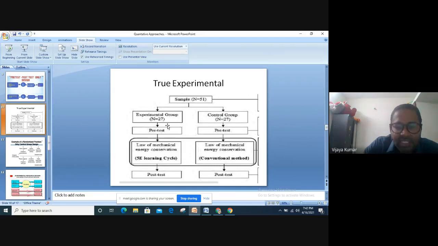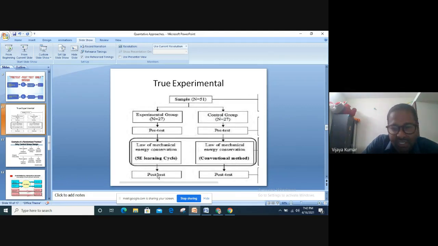After the pre-test, she uses in an experimental group a new method called the 5E learning cycle. I think in the context of Lion's research, it could be the TPACK model which she is working on, which is a theoretical premise. So she's applying that theoretical premise to her study. This is the intervention, the new method. She is not using any method for the control group.